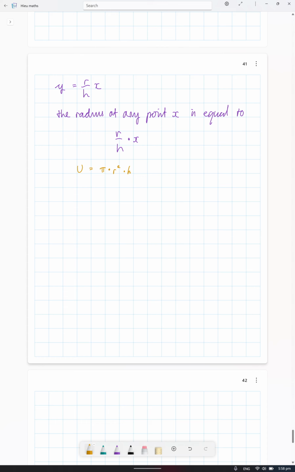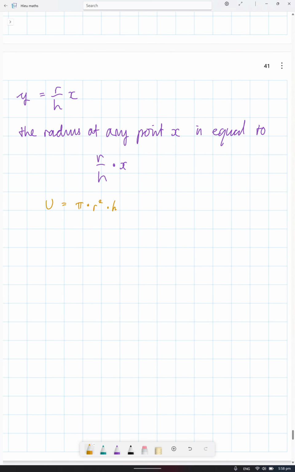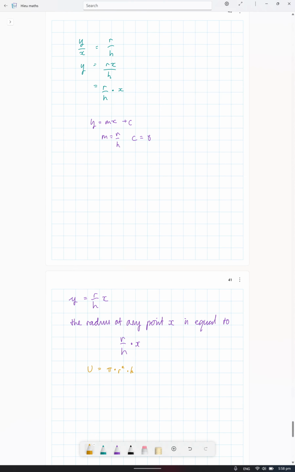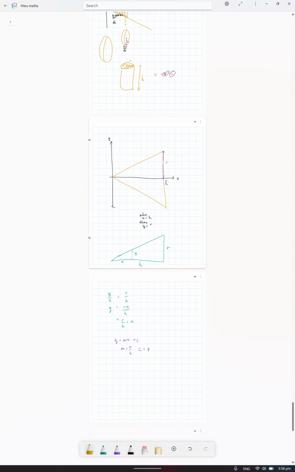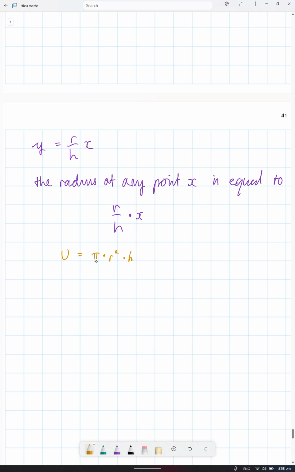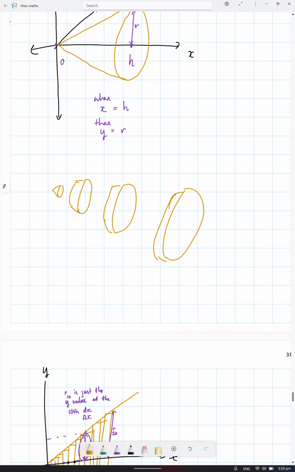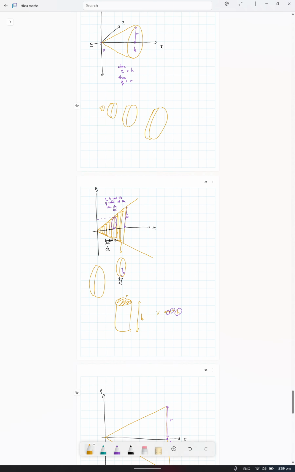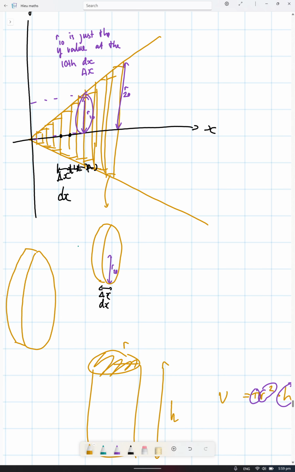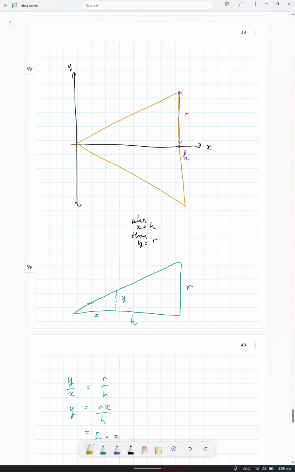And then all we gotta do is do this for every single little slice of the cone. Every single slice of the cone. We just do that until the end of the cone, and then we have the full volume of the cone.